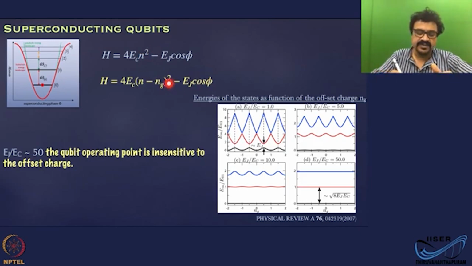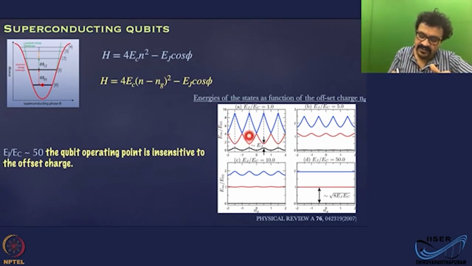So when I plot Ng versus the energy of these states, you get a set of parabolas. For each parabola, n is stable. When two parabolas meet, that is this point. I'm talking only about the red curve at this point.